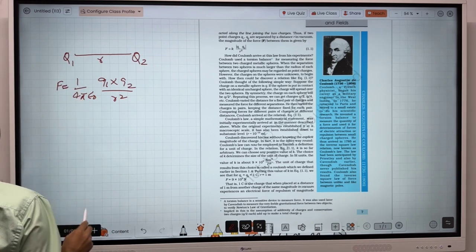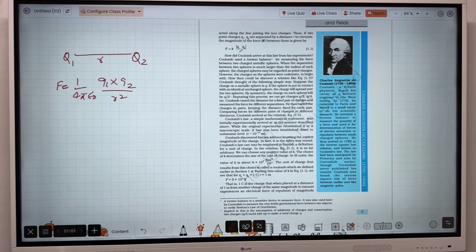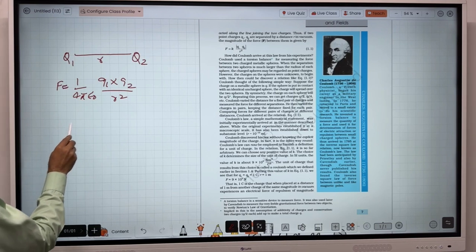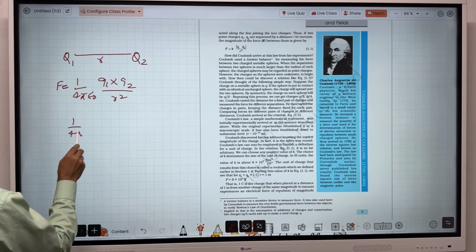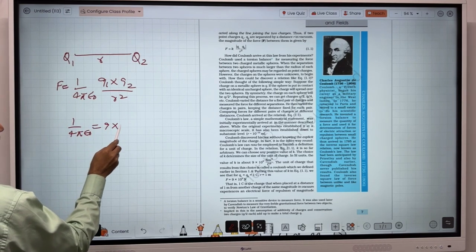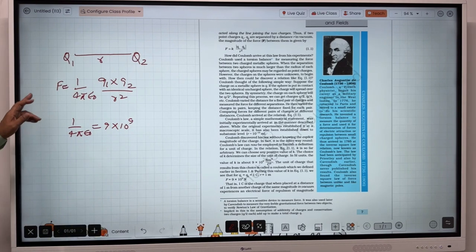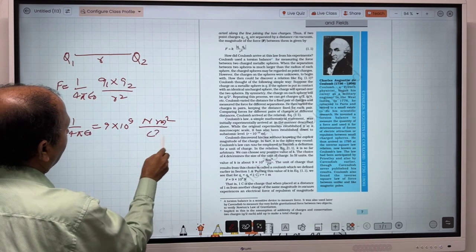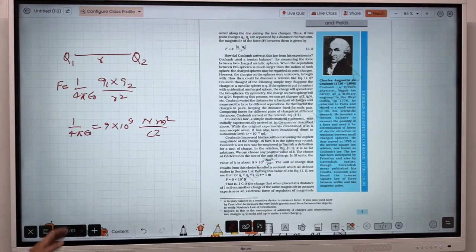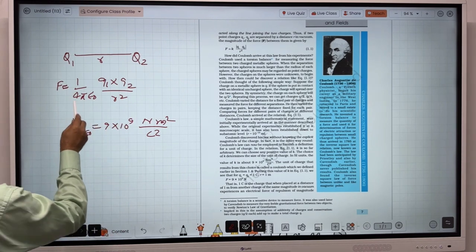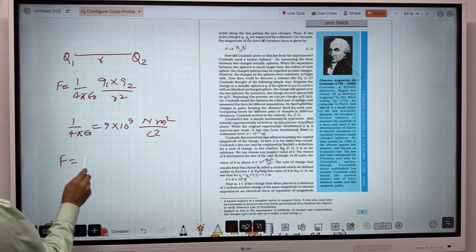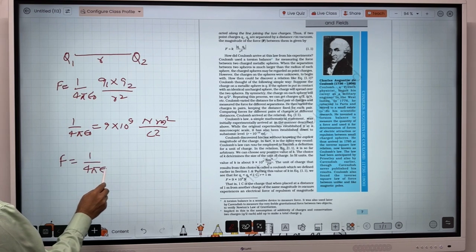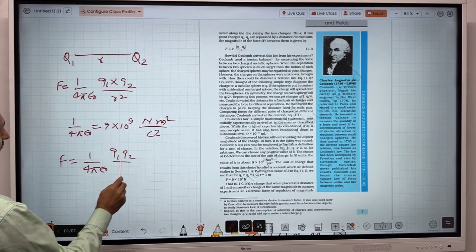Now you can write Q1, Q2 in capital or small, that does not matter. Here, what is this 1 upon 4 pi epsilon naught? 1 upon 4 pi epsilon naught is equal to 9 into 10 to the power 9 Newton meter square divided by Coulomb square. Now there is one question in your mind, why does 1 upon 4 pi epsilon naught have this unit? We can evaluate it easily. Here we have F equal to 1 upon 4 pi epsilon naught Q1 Q2 divided by R square.